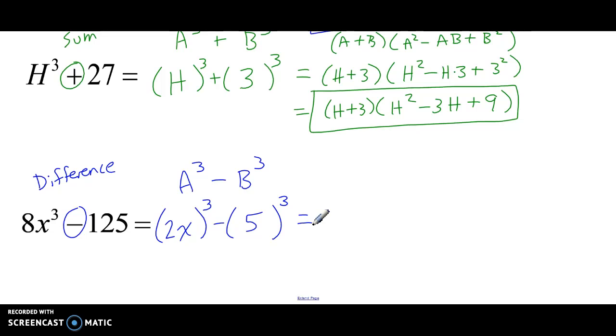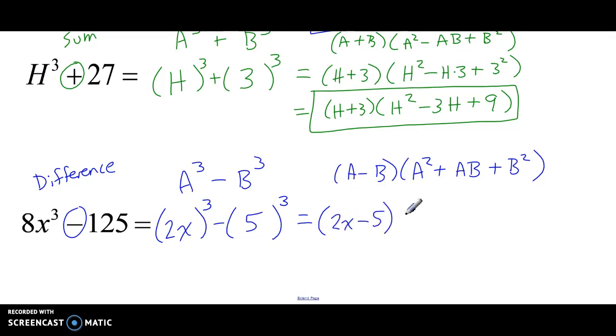And then we're going to plug in, instead of a, we're going to plug in 2x. Instead of b, we're going to plug in 5. And we're going to be plugging into the formula a minus b times a squared plus ab plus b squared. So a, we're plugging in 2x. B, that's 5. And here's a place where I really start to suggest it's a good idea to write out the a's and b's before you try multiplying or squaring things.